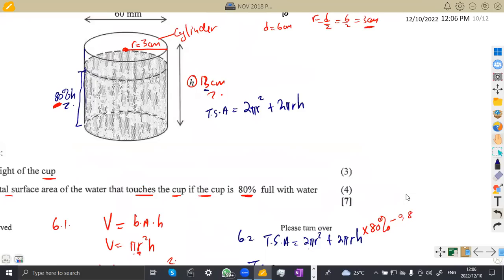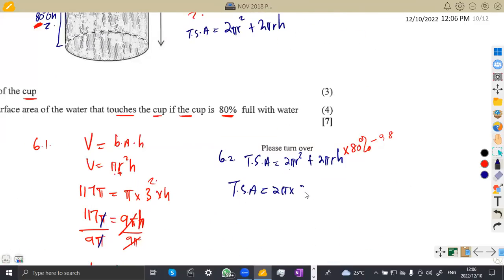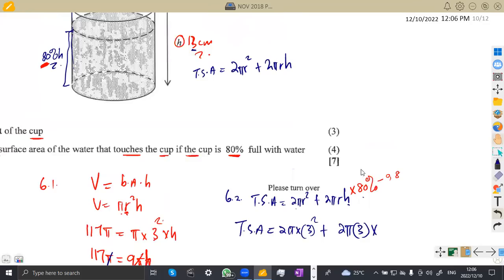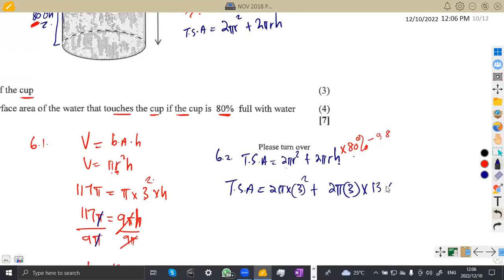Remember that your radius here was 3, so it's going to be 3 squared, plus 2 pi r, which is the radius again, 3, times the height times 0.8. So the height here is 13 centimeters, but we are going to multiply that 13 by 80%, which is 0.8.